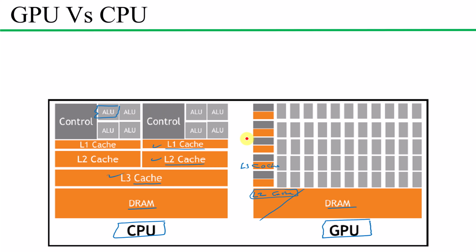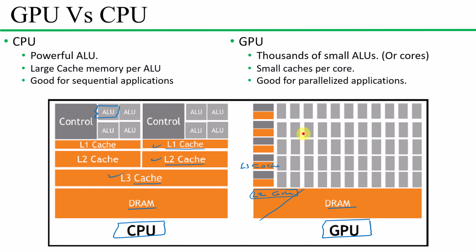This unit is responsible for executing instructions of any application. In the CPU, we have a limited number of ALU units, whereas the GPU houses hundreds or perhaps thousands of similar units called cores.